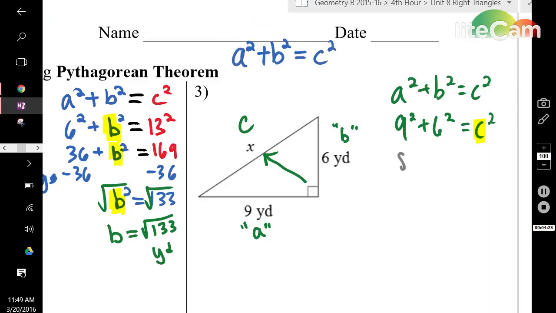9 squared is 81, 6 squared is 36, and c squared is still over here. 81 plus 36 is going to be 117. From there, to get rid of the power of 2, because we are solving for c again, I'll highlight that to show you.